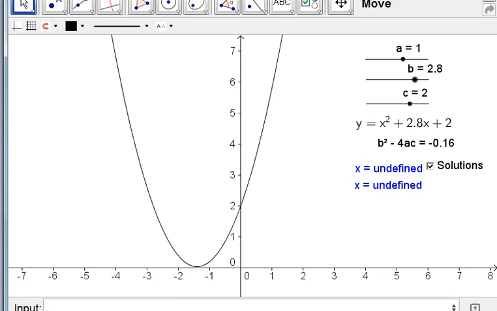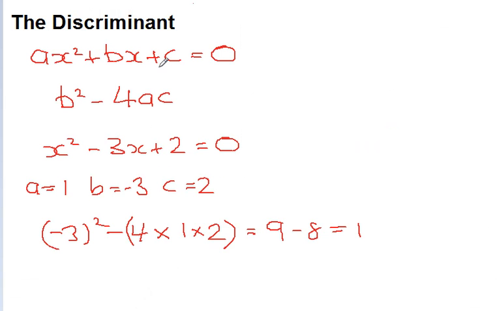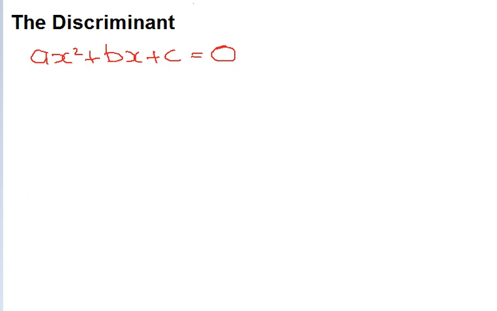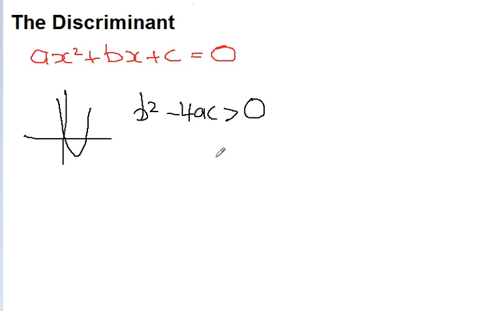Okay, so let's go back onto Paint and tidy all that up. So I'm going to delete that. Okay, let me change the color of my pen. When the curve crosses the x-axis at 2 points, then the discriminant b squared minus 4ac is greater than 0. And that means that we have 2 distinct roots, 2 different solutions.